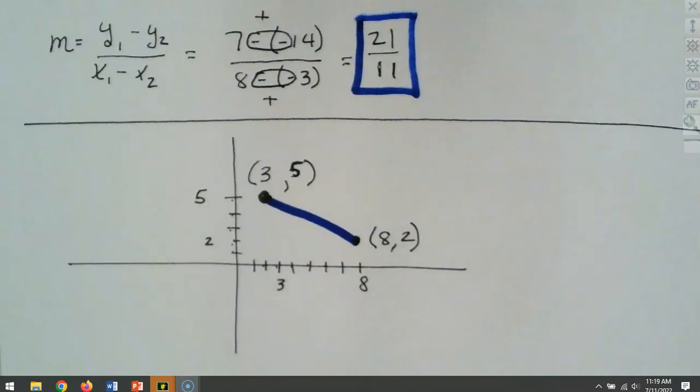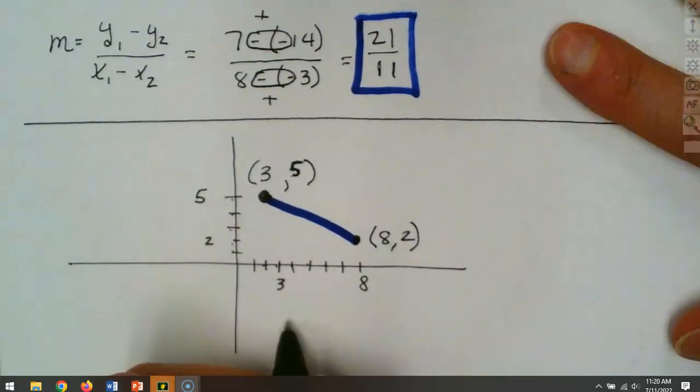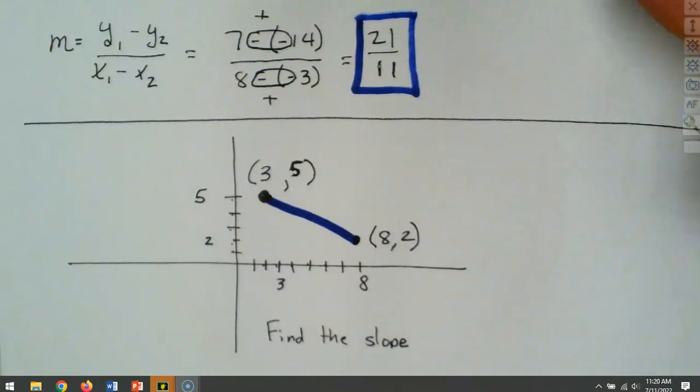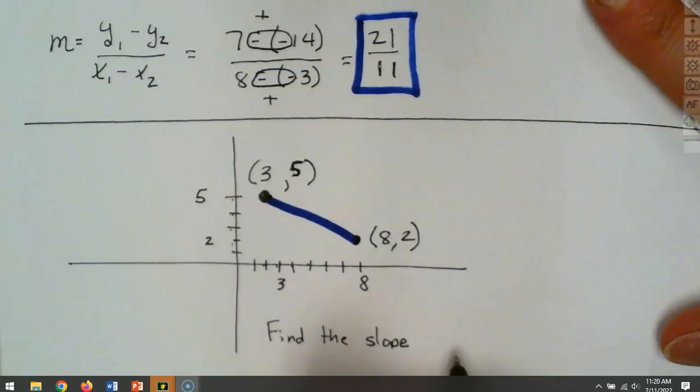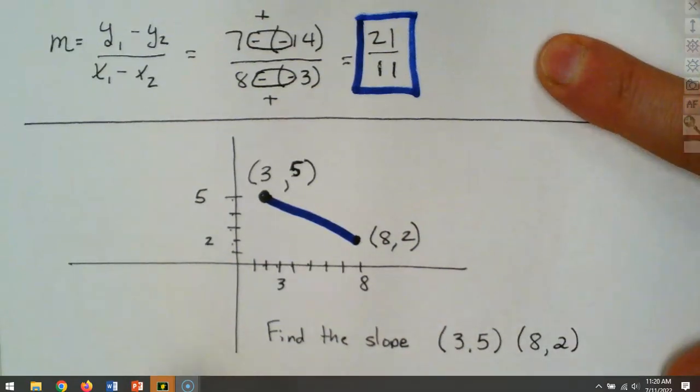Now, once you have them off of the picture, you can apply your slope formula. So now we've got our 2 ordered pairs, and we're going to find the slope. And we know this should be negative because it's going down from left to right. So we're going to be using the point 3,5 and the point 8,2. And m equals y1 minus y2 over x1 minus x2.